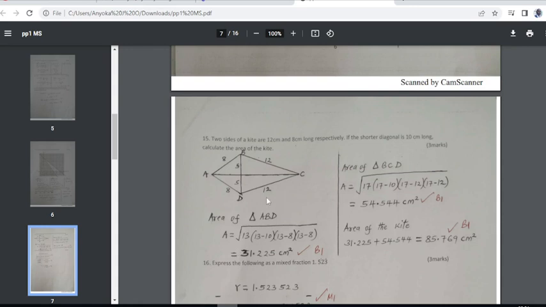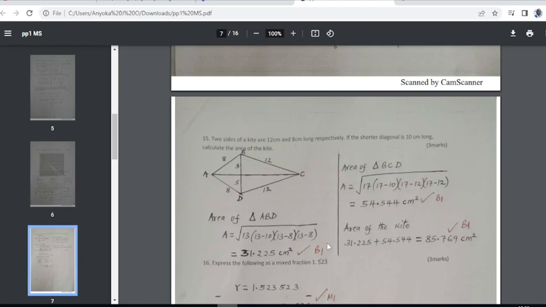We find S, where S for triangle ABD is 8 plus 8 plus 10 divided by 2, 26 by 2, 13. So applying Hero's formula, 13 into bracket 13 minus 10, 13 minus 8, 13 minus 8, we get 31.225.